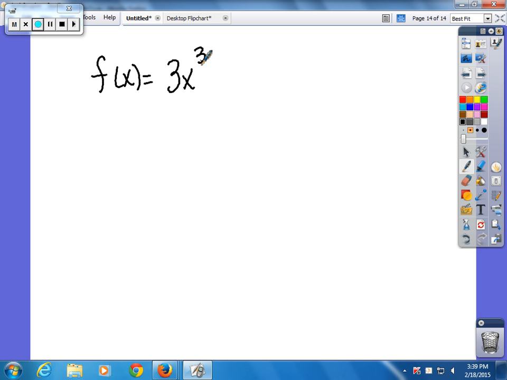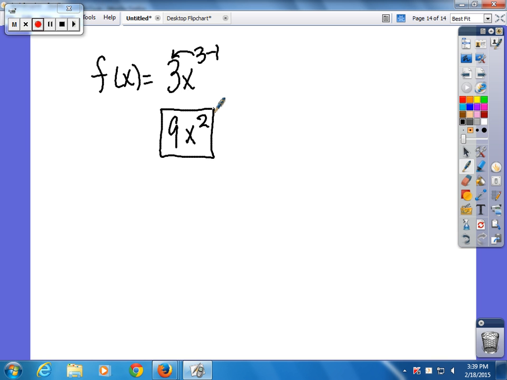You're going to be taught in calculus that instead of doing the difference quotient, all you got to do is multiply 3 times 3, and take 3 minus 1, and that's the 2.